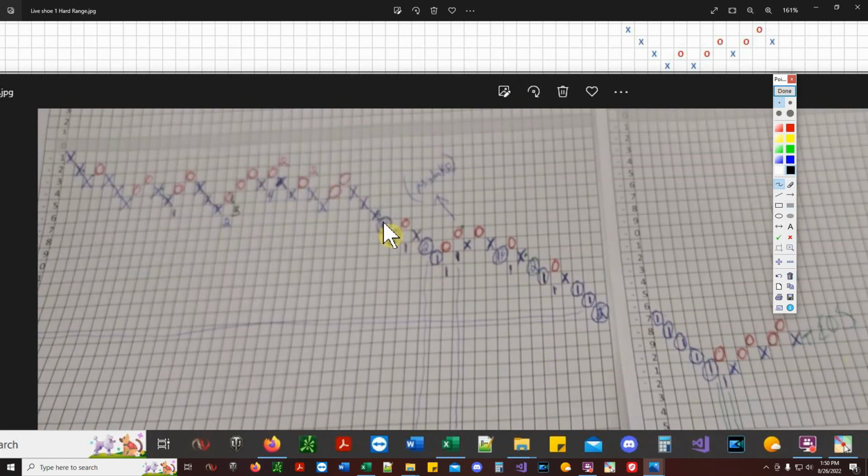Okay, got 1 unit, 13, 12, 13, 11, 10, 11, 12, 11, 12, 10, 9, 10, 9, 8, 6, 5, 4, 3, 2, 1, 2. I was down 2 units by the end of this shoe.